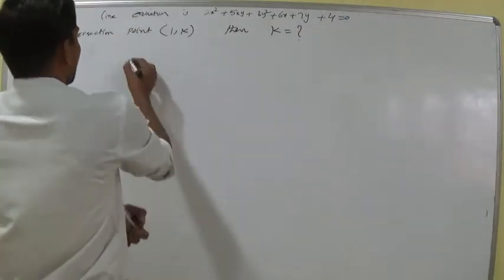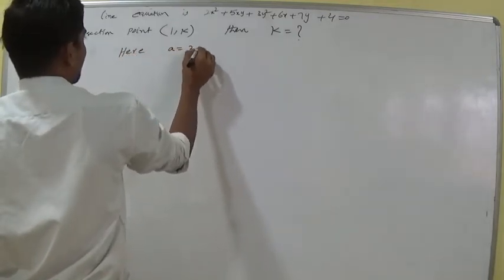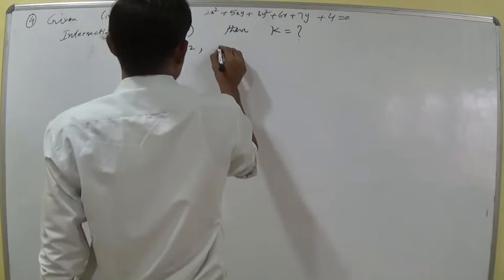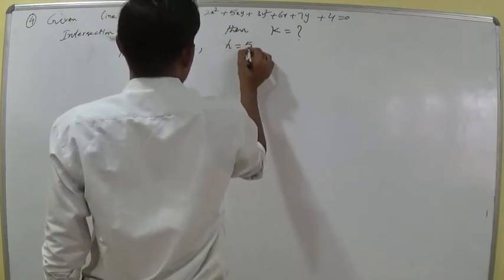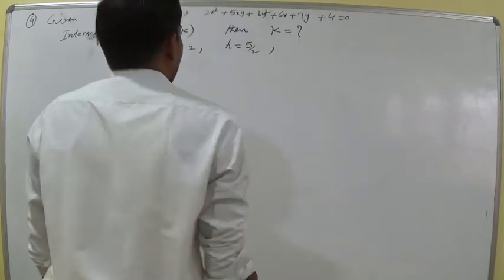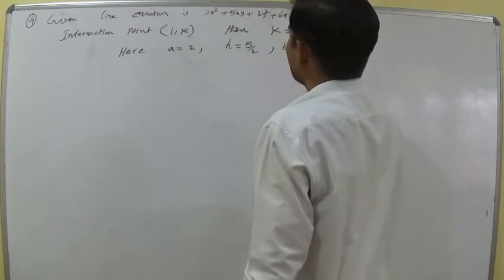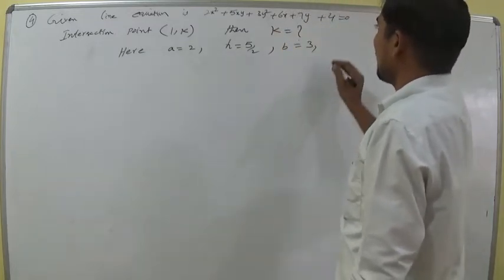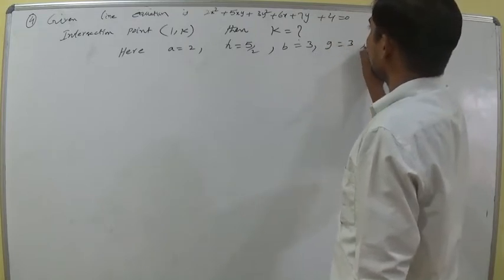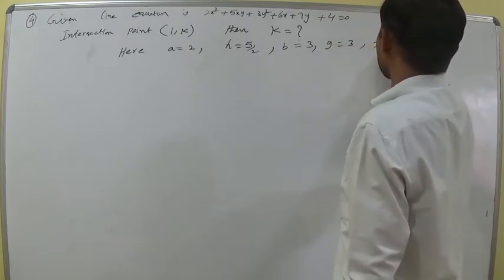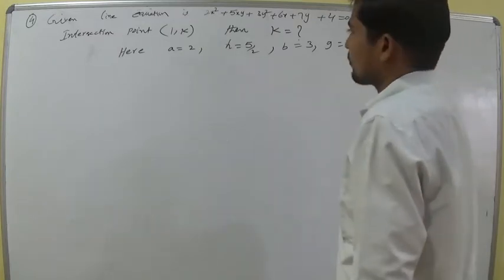So here a is equal to 2 and h is equal to 5 by 2, b equal to 3 and g equal to 3, f is equal to 7 by 2 and c is equal to 4.